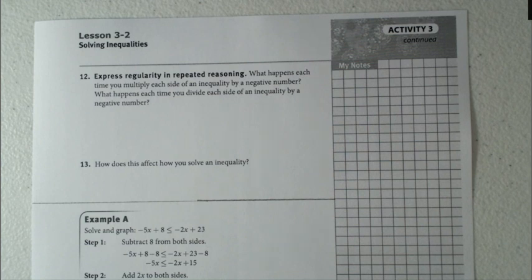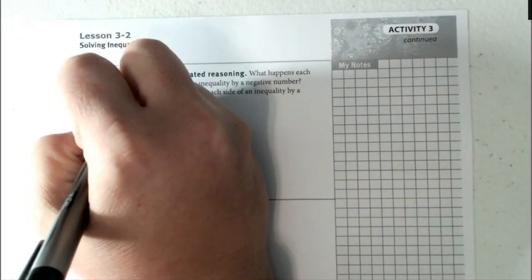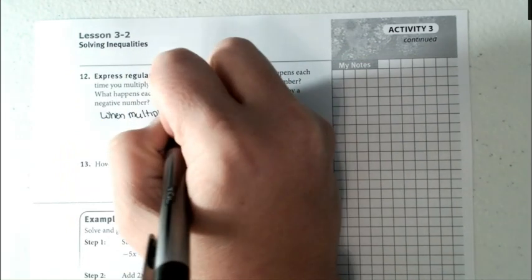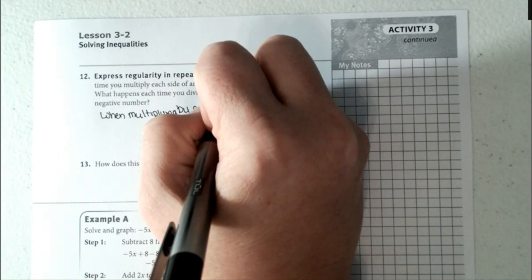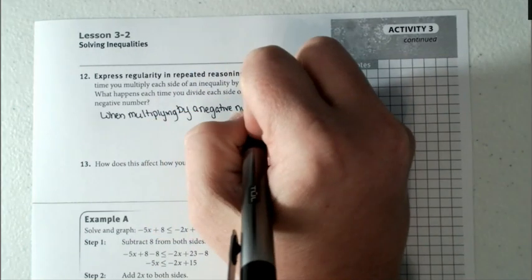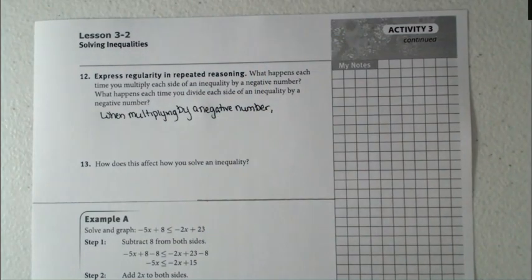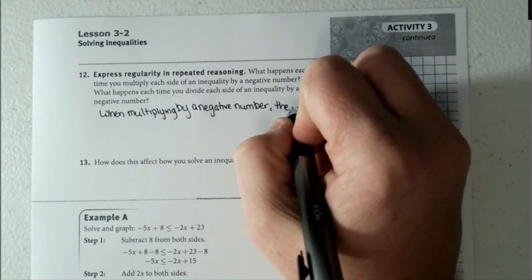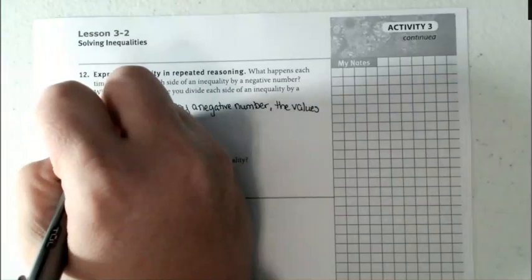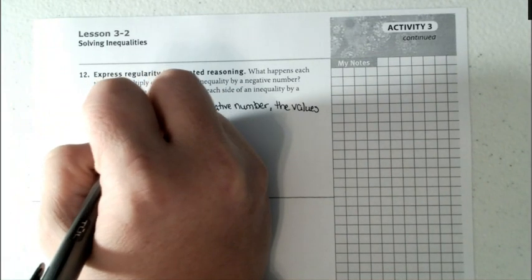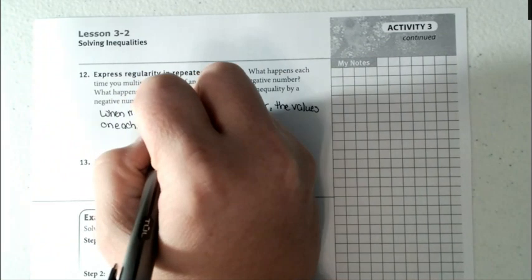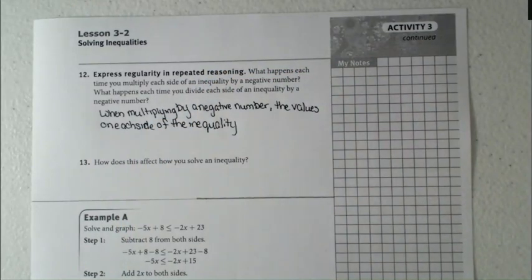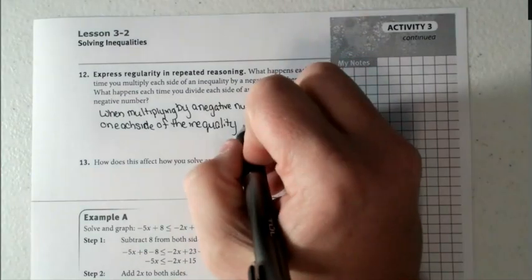So when multiplying by a negative number, the values on each side of the inequality change in relationship to each other.